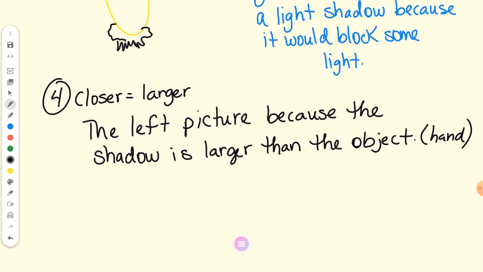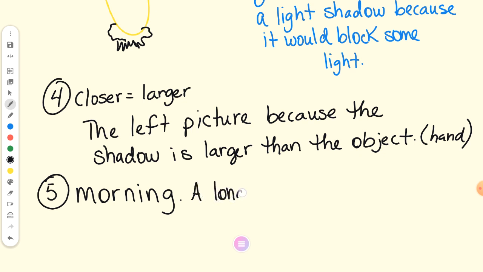So all of that is correct. So for number 5, it is morning. And the reasoning would be that a longer shadow forms in the morning. Does anybody remember why?